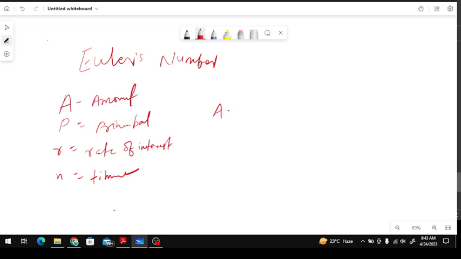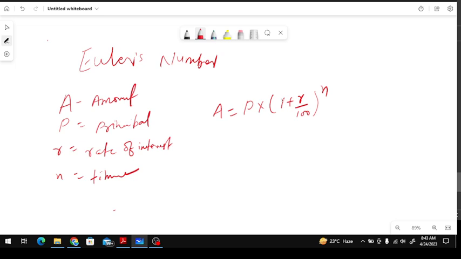The amount should be equal to the principal multiplied by 1 plus r by 100, all to the power n. So it's a compound interest.